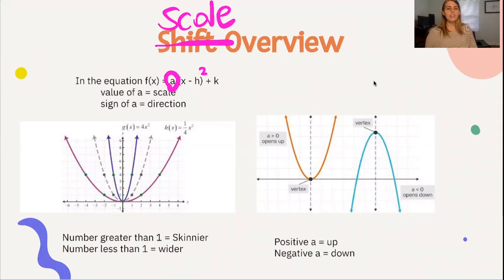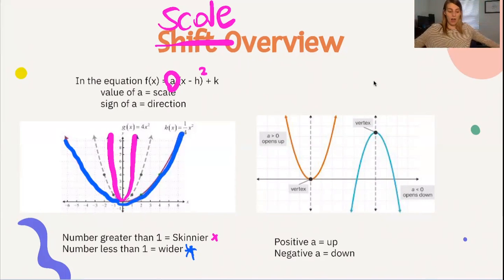But what you'll see is that if that number is greater than 1, then you're going to get a really skinny, tiny parabola. Look at this on the inside. It has a number of 4. It's skinny. If your number is less than 1, if it's any sort of fraction or decimal, and I'm not talking about negative, I'm just talking in between 0 and 1, it's going to start to get fat.